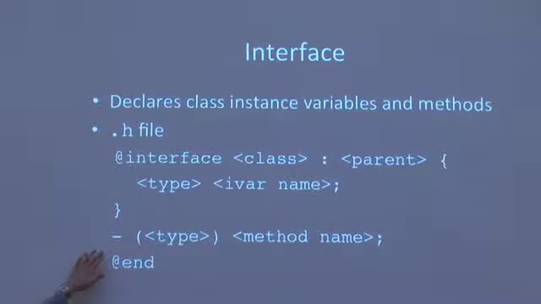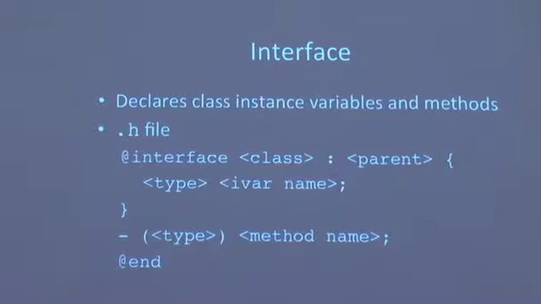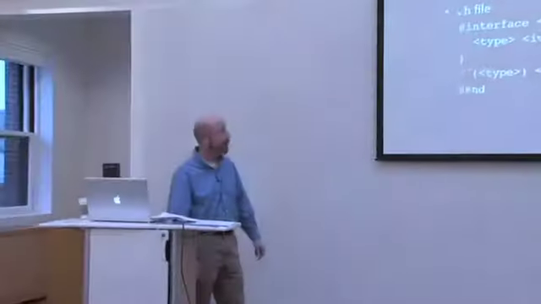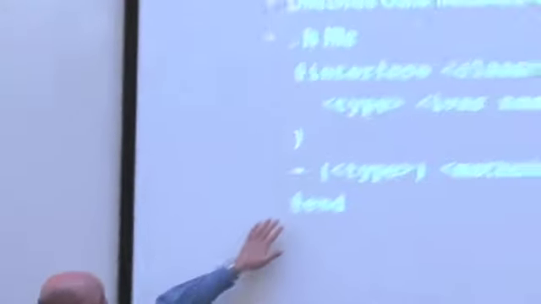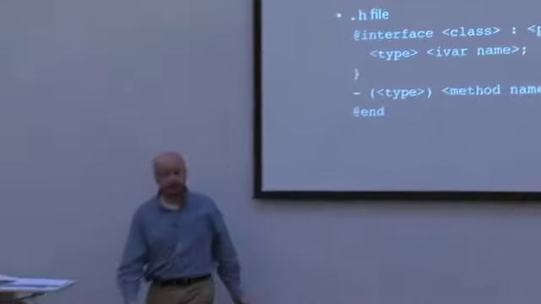And then you have a number of methods, which have a return type and then a method name. We'll show more about the full notation for methods when we get there. But for the interface, all you need is just that header that shows the names of the methods that you will be expecting in your implementation. And then we close it up with an @end at the end of the section.